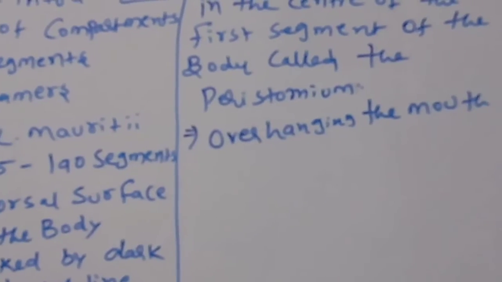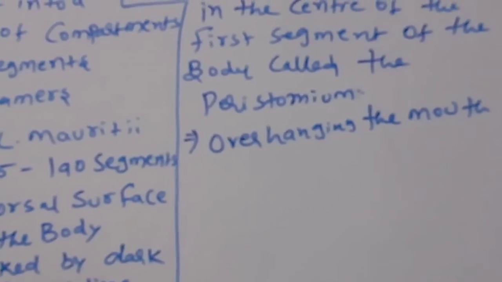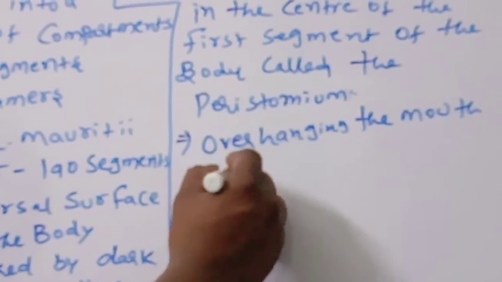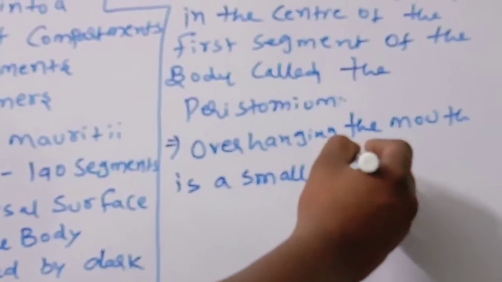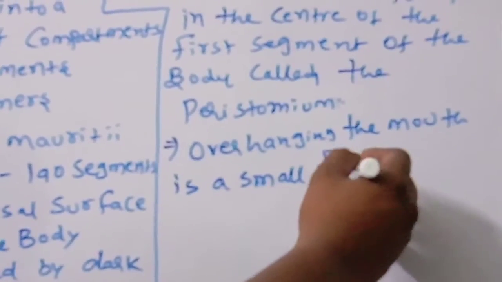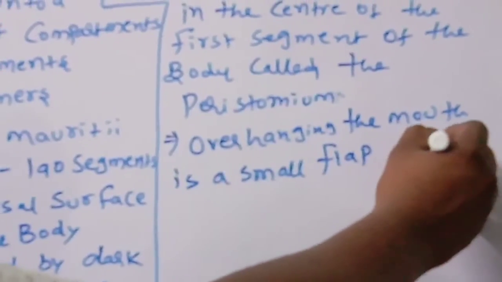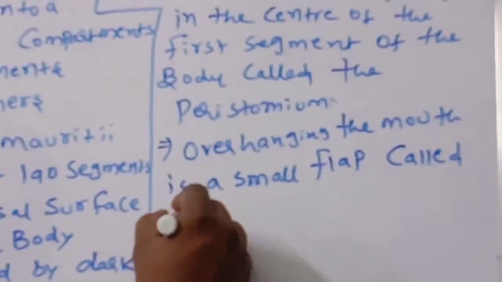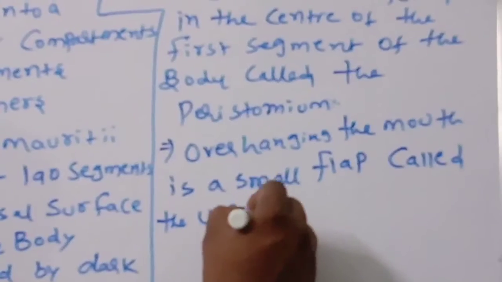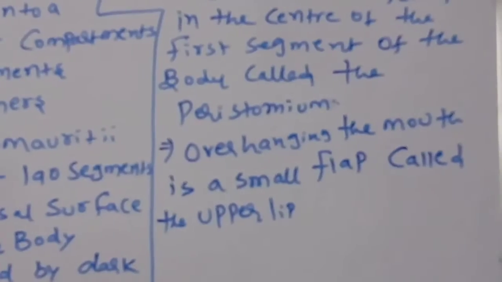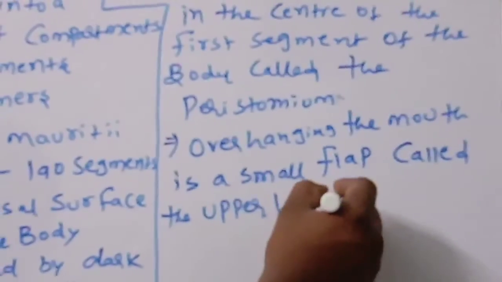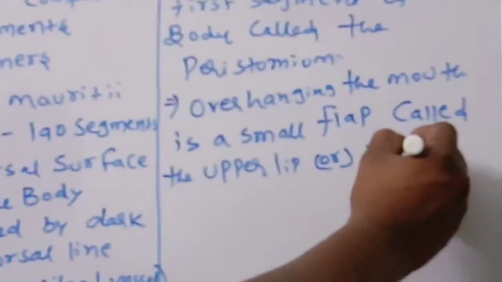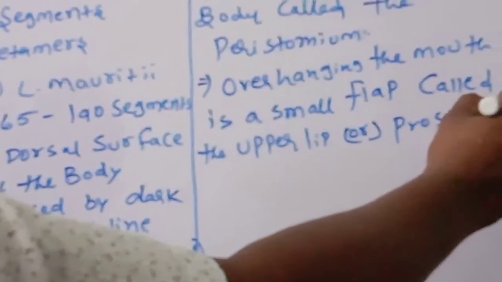Overhanging the mouth is a small flap called the upper lip, also called the prostomium.